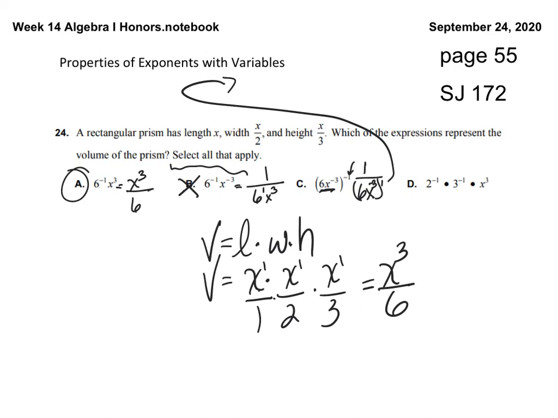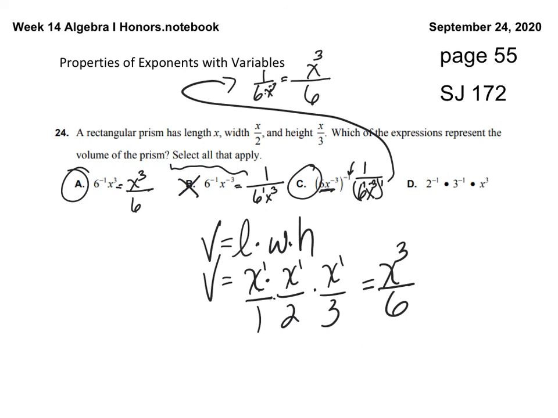Now, when I do my power of a product, I'm going to do 1 over 6 to the first power times x to the negative 3 power, because I'm multiplying 6 to the first times 1, which is still 6 to the first, x to the negative 3 times 1, which is still negative 3 for my exponent. And then I still have a negative exponent, so 6 will remain in the denominator, and that x will go to the numerator with a positive 3, and that is the same.